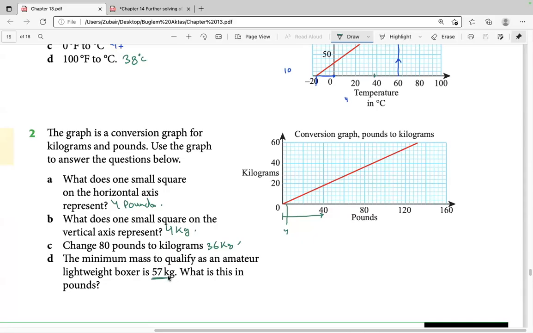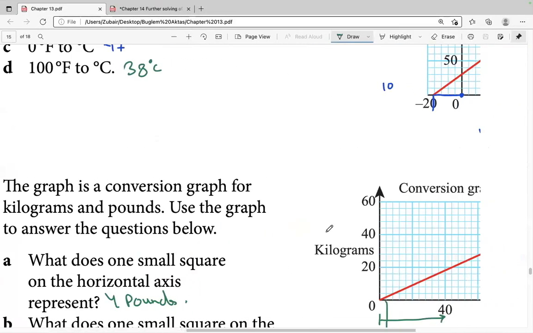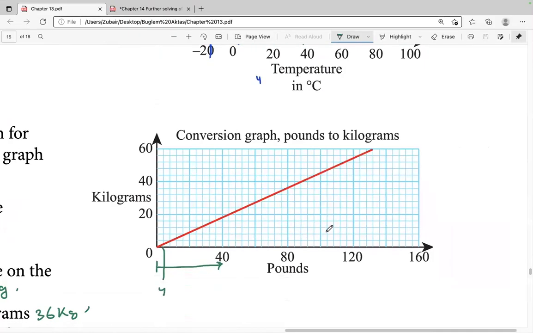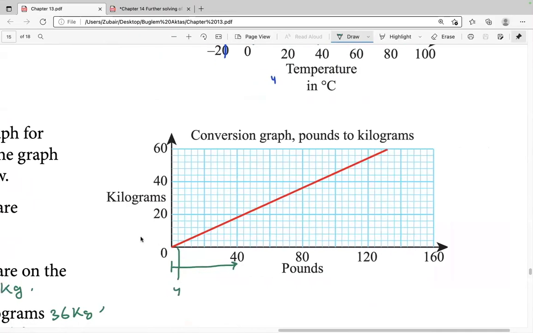Now we have to reach 57 first. Let me zoom in. So one small box on either side was 4.